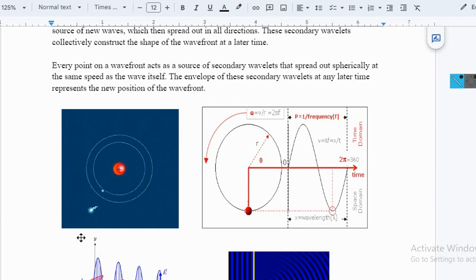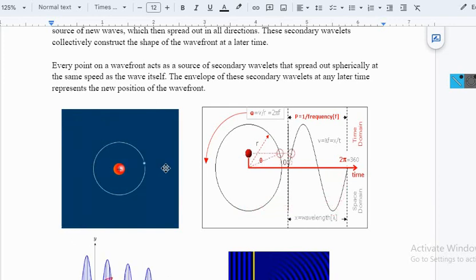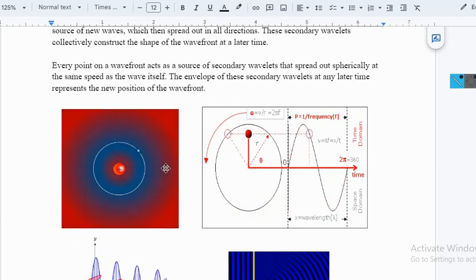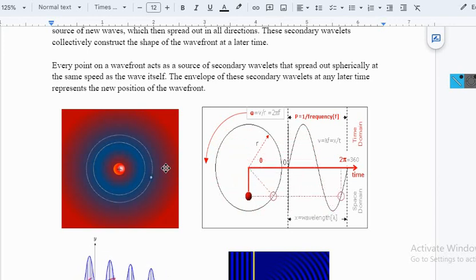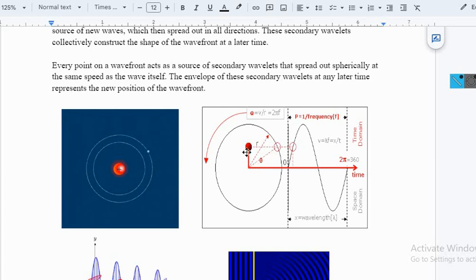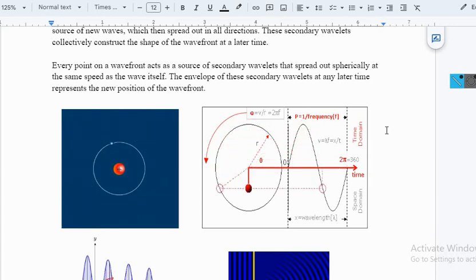Now when this photon interacts with a loosely bound electron inside the material, the electron will start oscillating. When the electron oscillates in simple harmonic motion, this will produce an electric field.